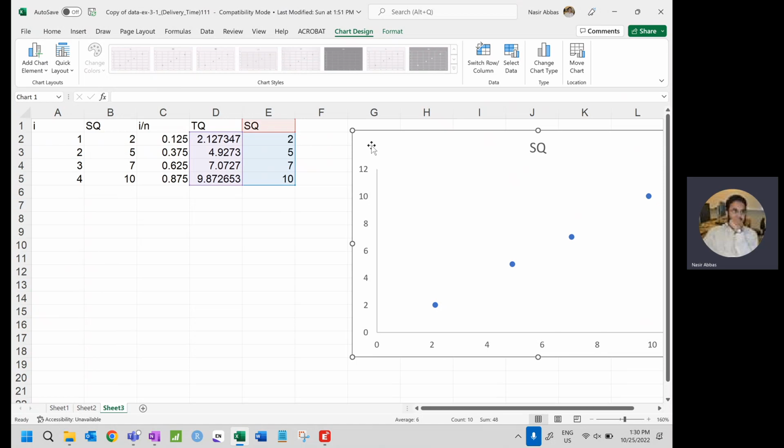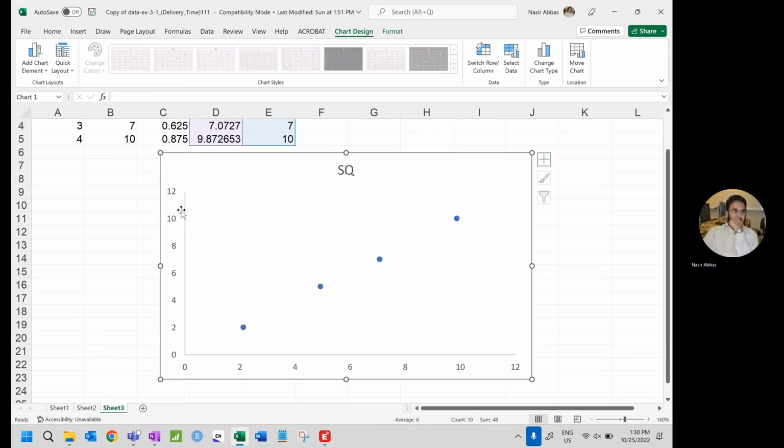You see the scatter plot? We don't know yet until I compare it with a 45-degree line. And now I'm going to put a 45-degree line into the plot.